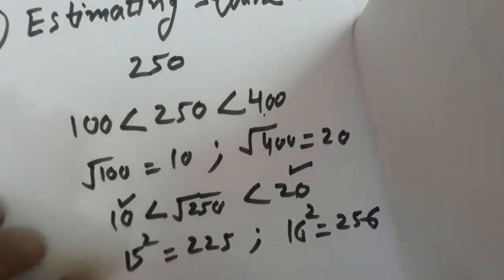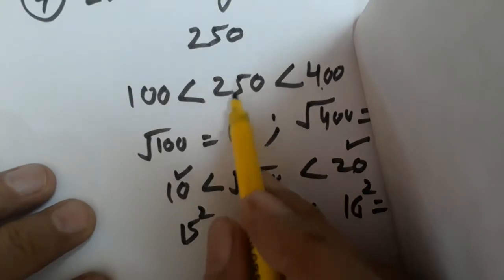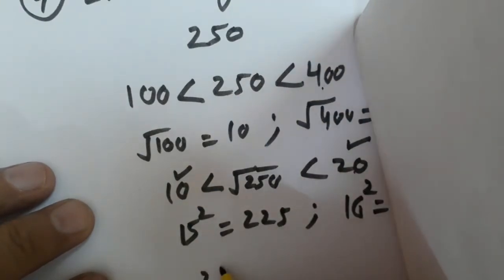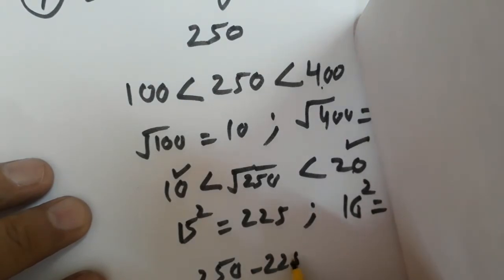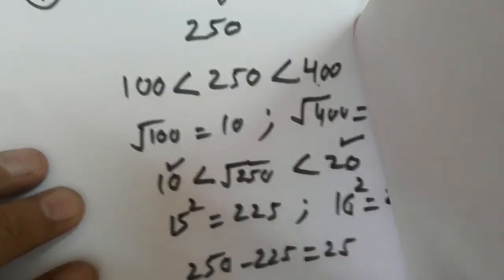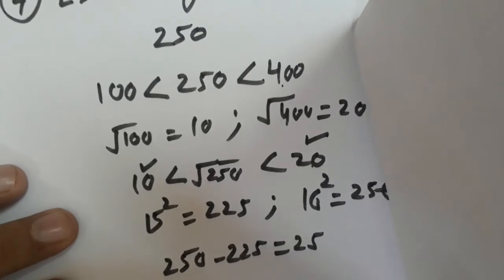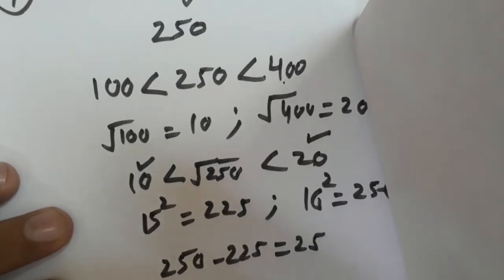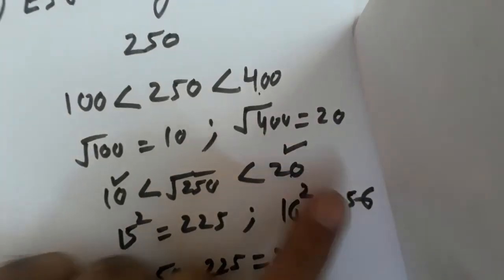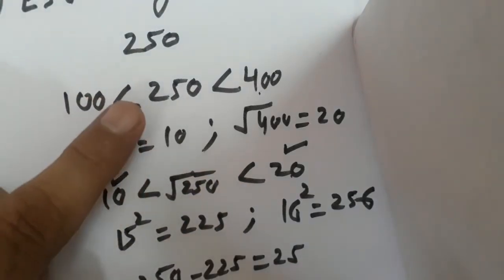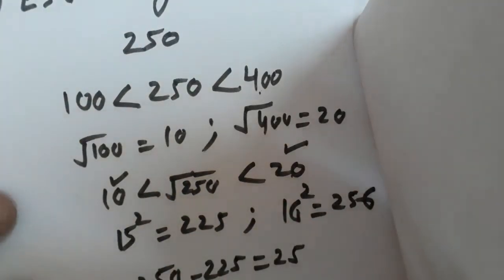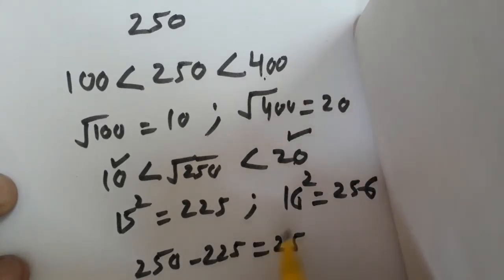We see that when I subtract 225 from 250, I find 25. When I subtract 250 from 256, I get 6. I find 256 is much closer.